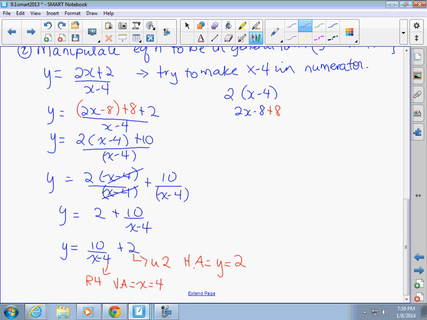So the tricky part comes in here, where you have to do that manipulation of your equation so that you have whatever is in the denominator in the numerator. And it just takes practice to get that.